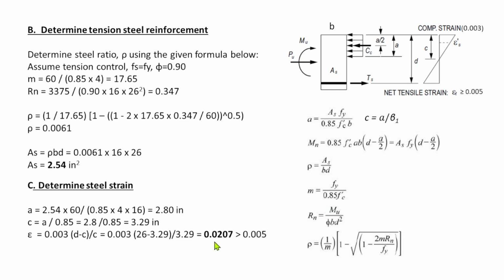That is the actual tensile strain value, which is greater than 0.005. Which means our reinforcement yields, tension controlled. So our assumption is correct.